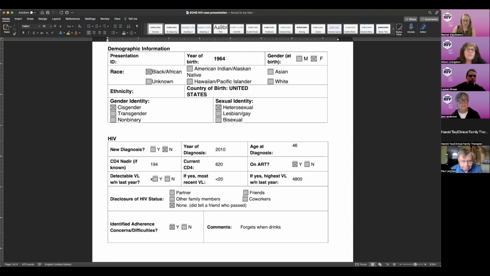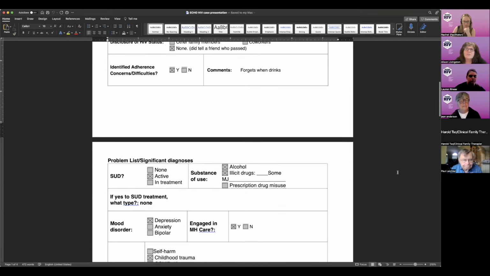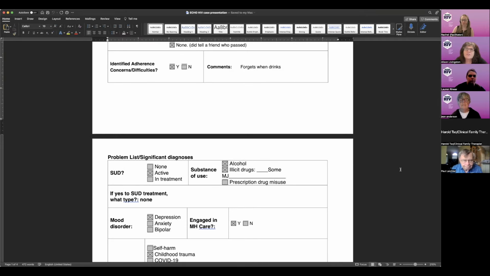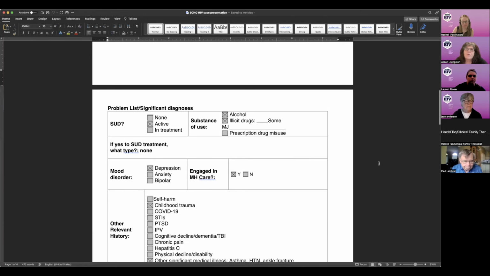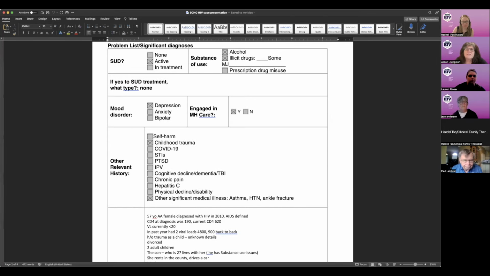She disclosed her HIV status. She has not told anybody. She did have a friend she told about her HIV status, but has not told anybody else, and that friend died. We have concerns about adherence. She forgets when she drinks. She actively uses alcohol, some marijuana, depression.